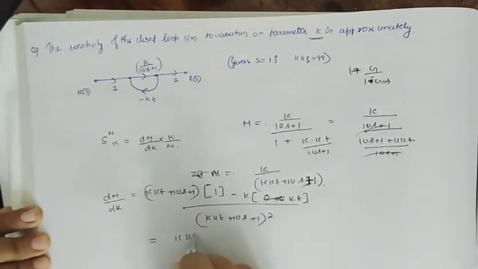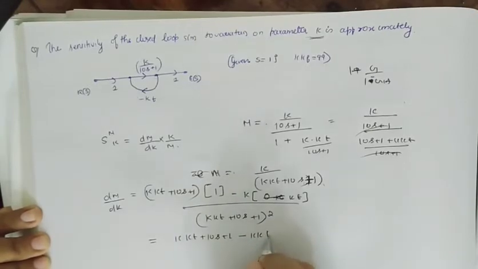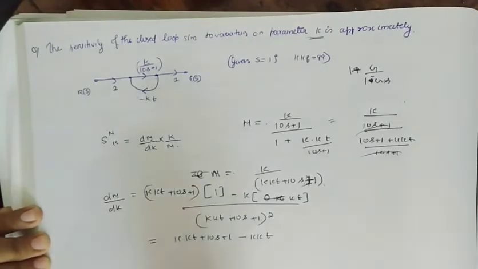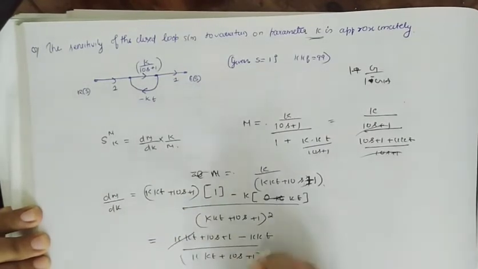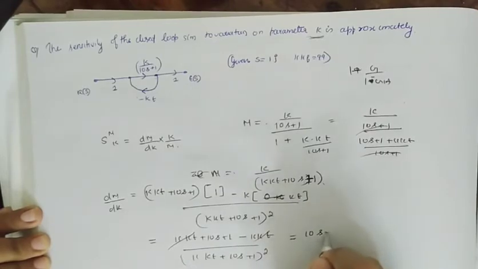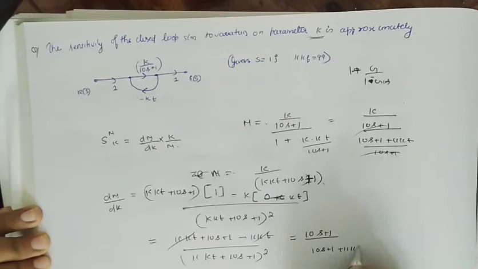Opening the bracket, we get k kt plus 10s plus 1 minus k kt, divided by (k kt plus 10s plus 1) the whole square. We'll get 10s plus 1 divided by (10s plus 1 plus k kt).